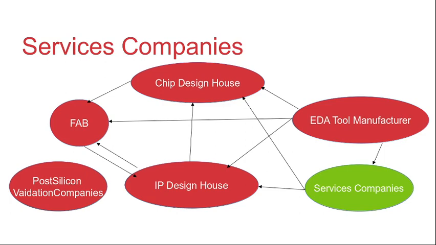Based on the projects they get from different chip design houses, they sell their manpower to that company, because they keep a reservoir of people who have expertise in different domains, and those people will cater services to the chip design houses for the particular project. Maybe it could be one particular SoC from beginning to end, or it could be some IP design also.